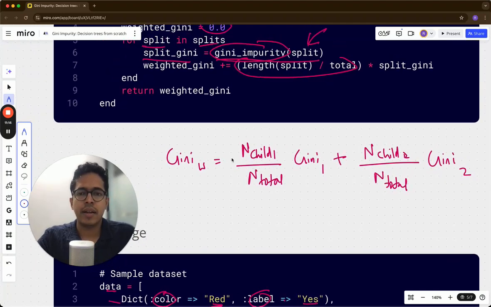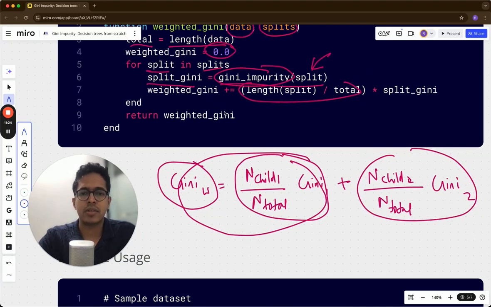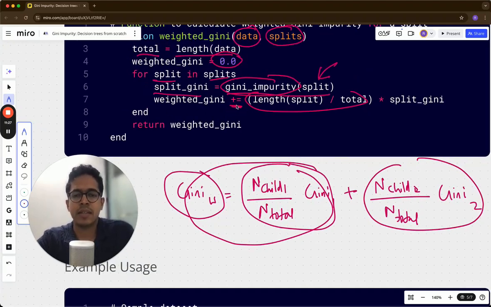So you can do this over loops by initializing the weighted Gini impurity to be 0. Then to that number, you add this term. Then to this whole thing, you add this term. So that is why you have a plus equal to here.